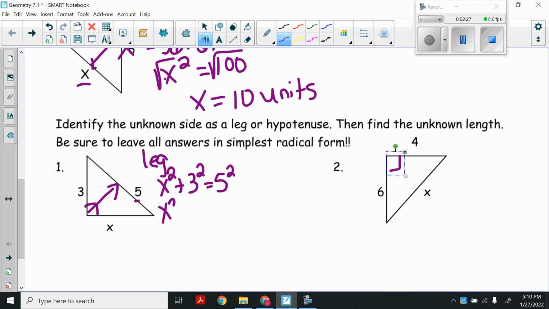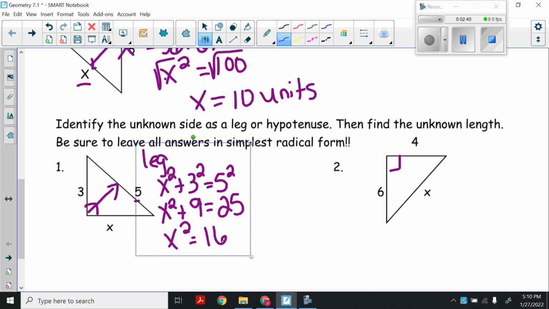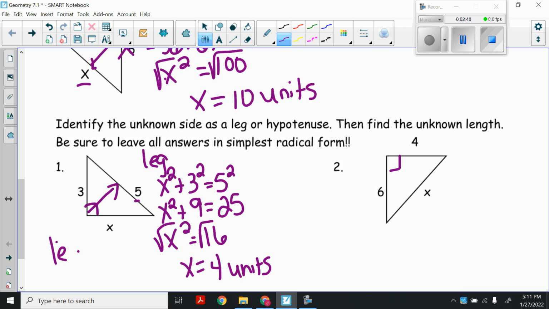Work this out. So x squared plus 9 equals 25. So x squared equals, so I want to subtract 9 from both sides. So 25 minus 9 gets me 16. The square root of both sides, and I get x is equal to 4. And again, this would be units. So I have a leg that's equal to 4 units.